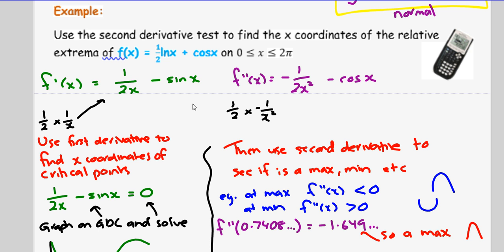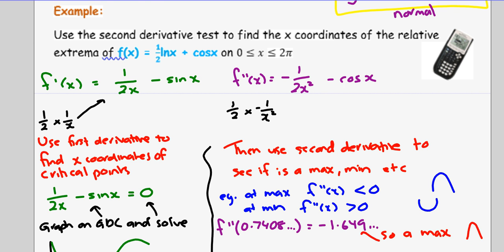It's like saying a half times negative 1 over x squared, because if you differentiate 1 over x, that's x to the minus 1, differentiate that, you get negative 1 times x to the minus 2, and then it's a half times that. So that's why this one, when you differentiate it, becomes this one. The derivative of sine x is cos x, and so the derivative of negative sine x is negative cos x. So we've got the first derivative and the second derivative done.